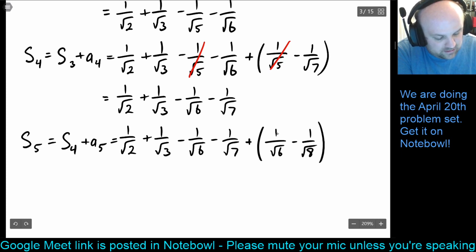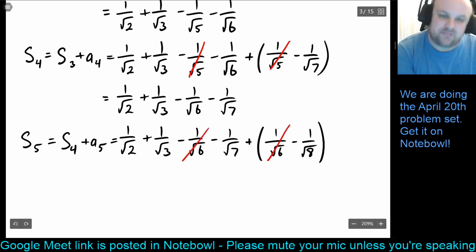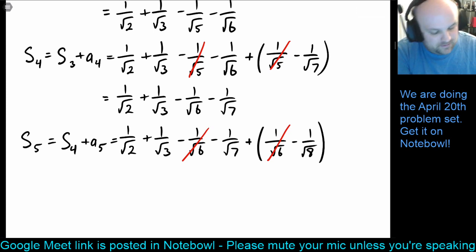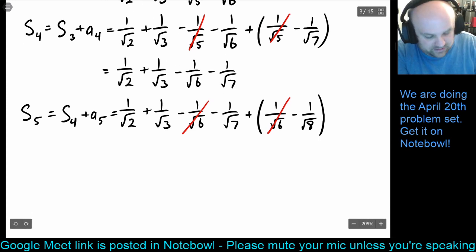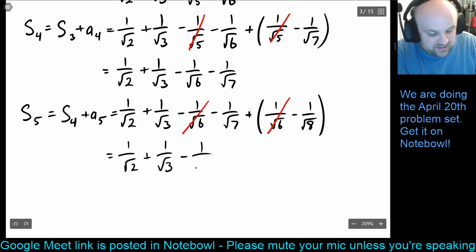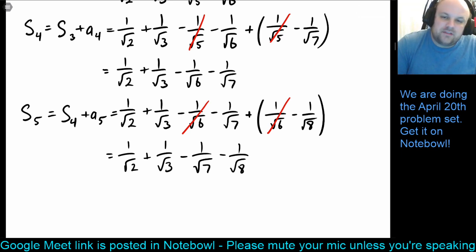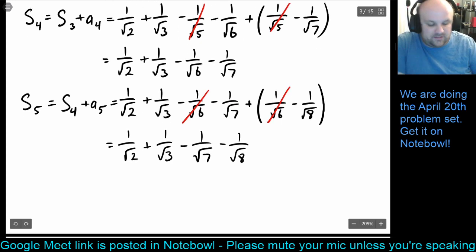And again, this first term here is going to cancel with that term there. And so we just have 1 over root 2 plus 1 over root 3 minus 1 over root 7 minus 1 over root 8. Right? So hopefully you can see the pattern that's showing up in all of these.